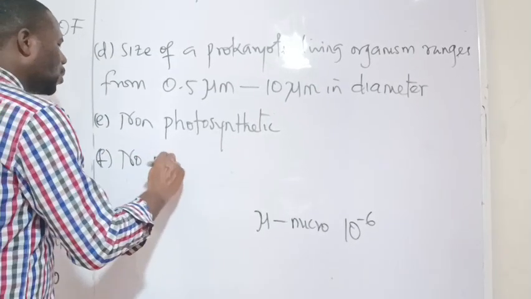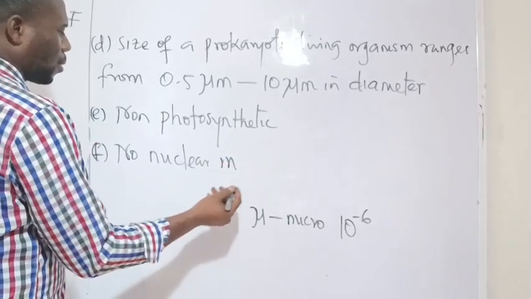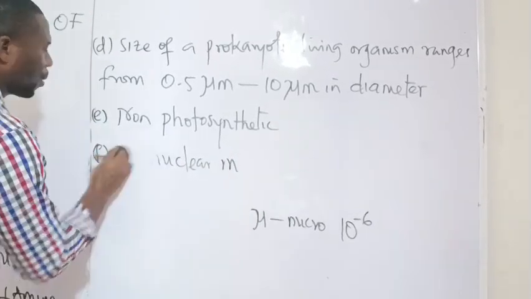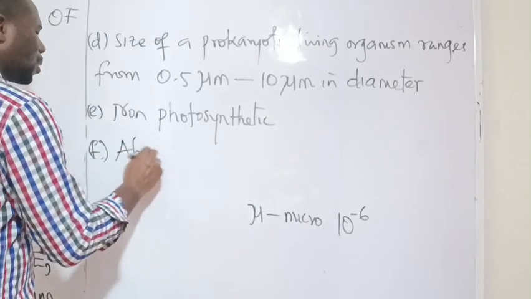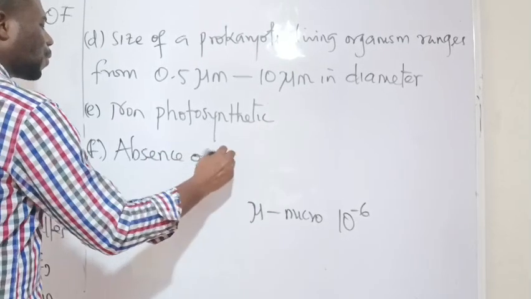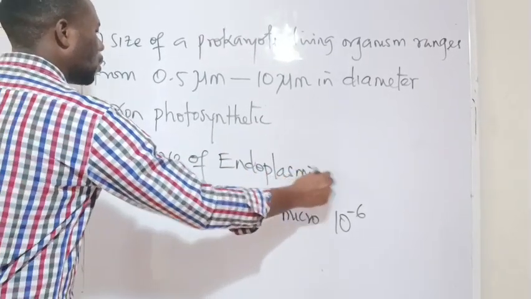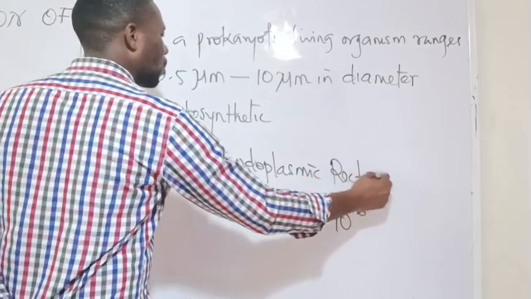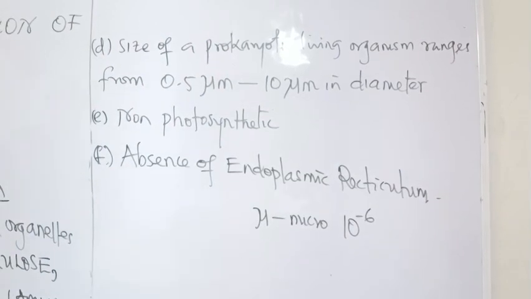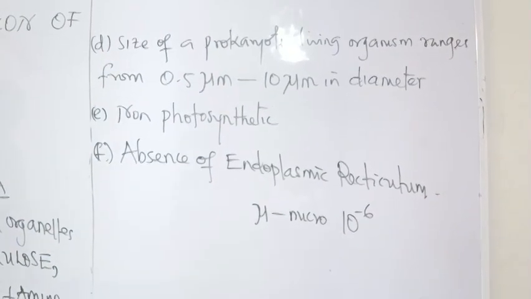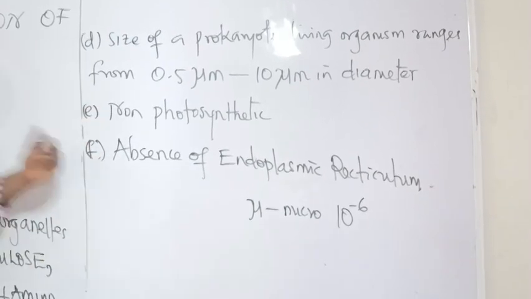Or I could just say it this way: there is absence of endoplasmic reticulum, and the likes. All right, so let me now draw a typical prokaryotic living organism with the characteristics just outlined to us.